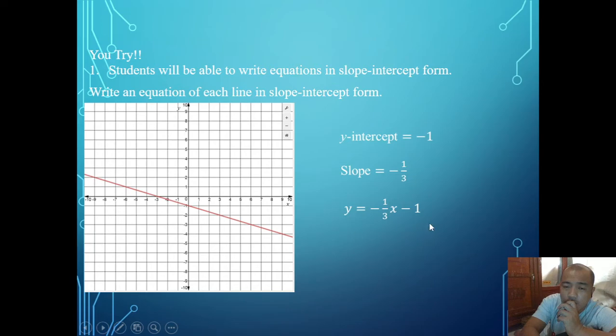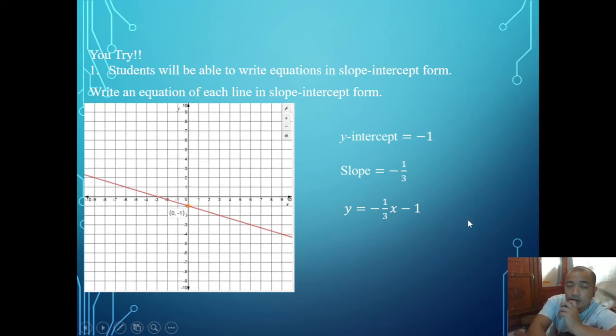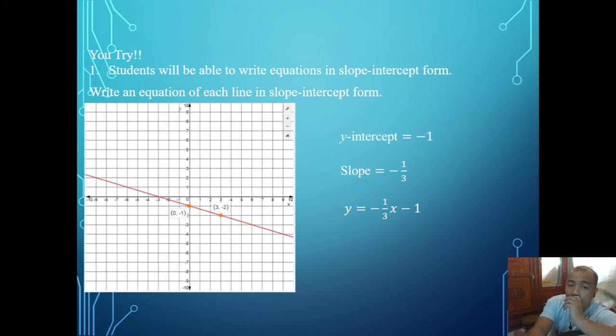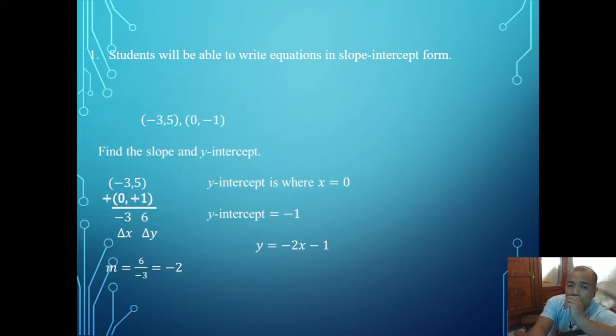Substitute in y equals mx plus b. We have y equals negative 1/3 x minus 1. So that is how we get the equation of a line in slope-intercept form given its graph.